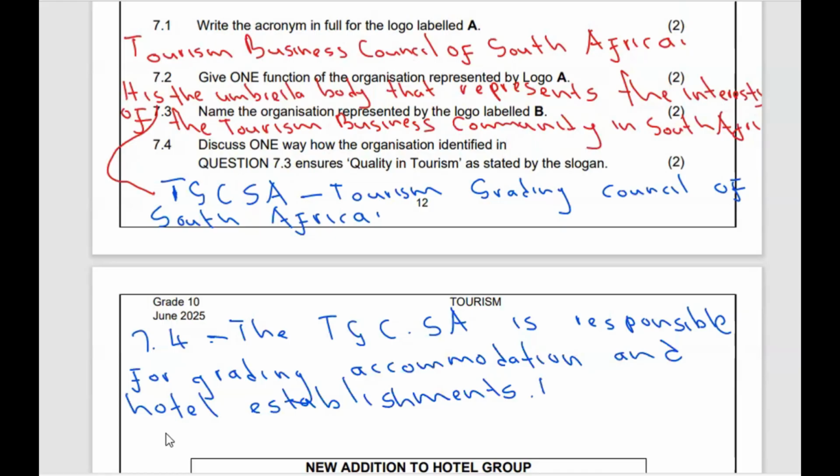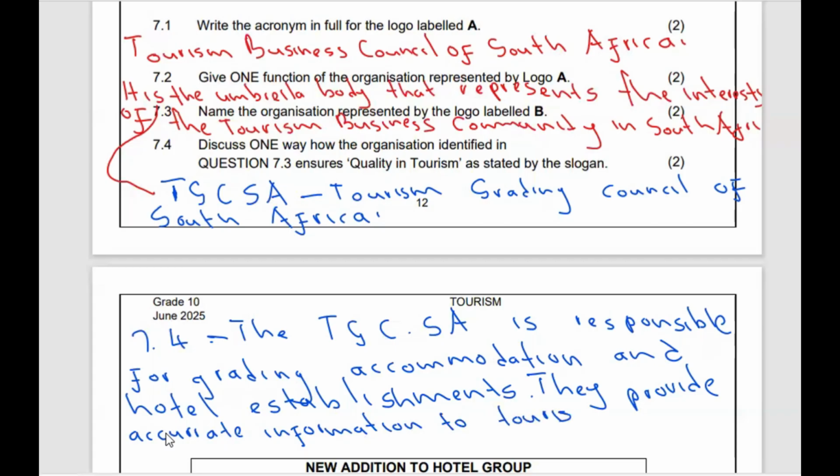Then they are also responsible for providing accurate information. They provide accurate information to tourists about the different hotel or tourist establishments, about accommodation, and hotels.